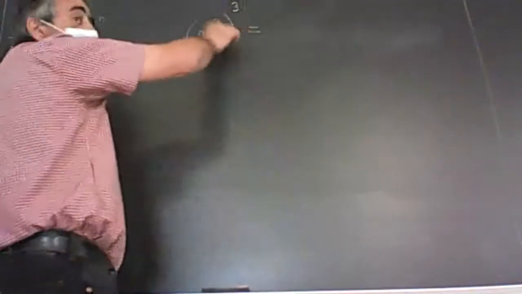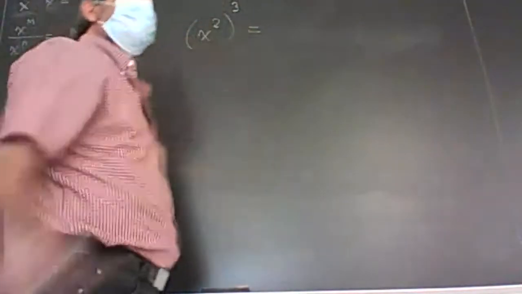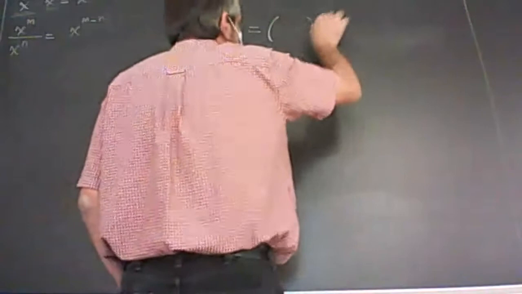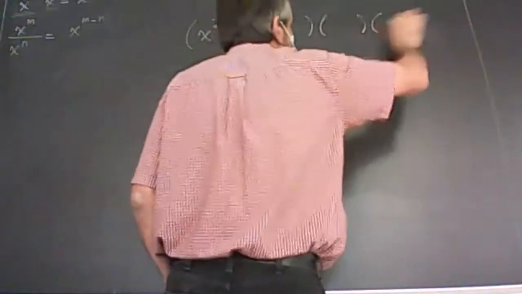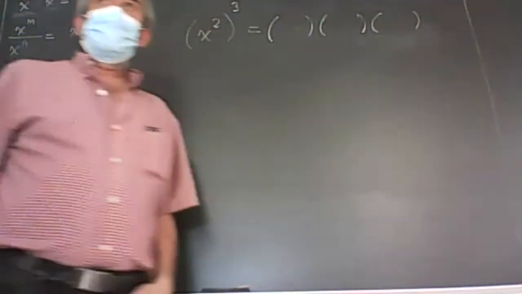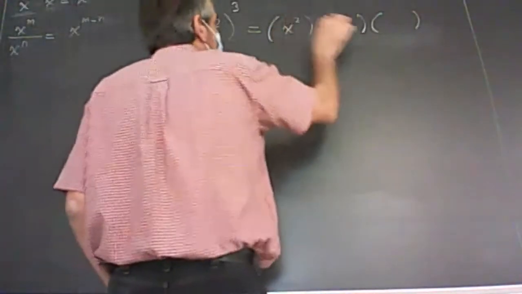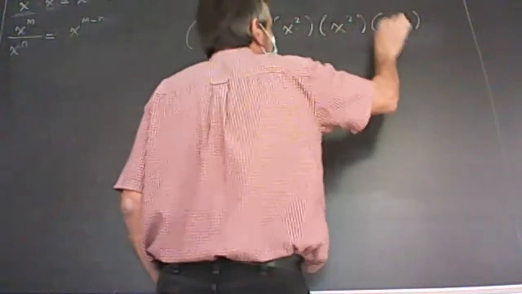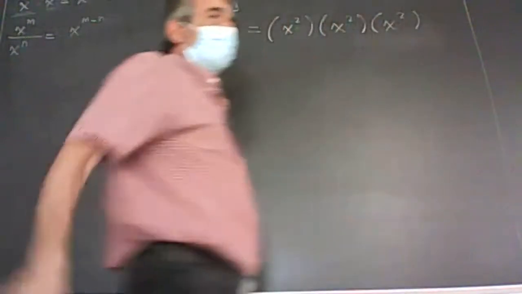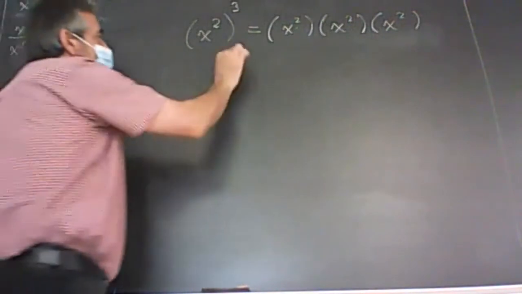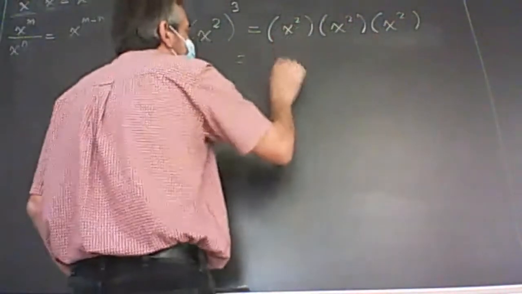Well, it says you multiply everything in the parentheses how many times? 3 times. So that's going to be this, first parentheses, second, third. Now what's inside the parentheses? x squared. So that's x squared, that's x squared, that's x squared. Clear?